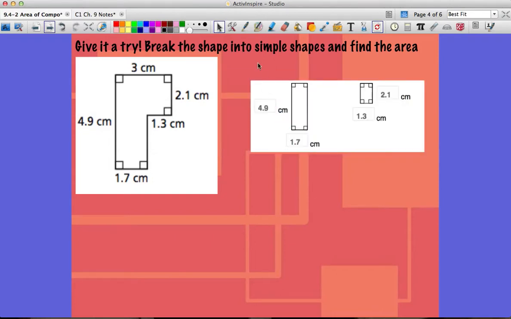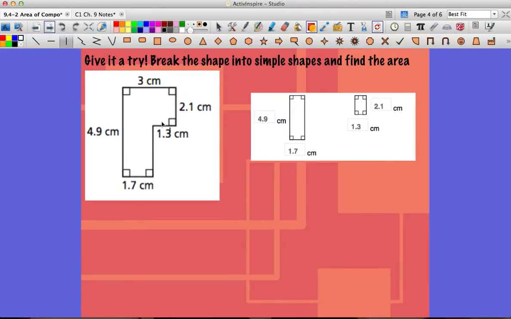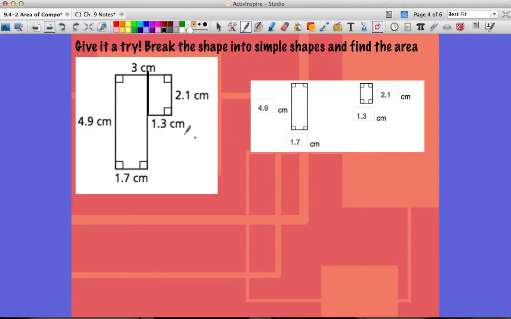Alright, in this case, we split the rectangles into two smaller rectangles. This allowed us to keep all of our dimensions. We were able to keep a height of 4 9/10 centimeters and a base of 1 7/10 centimeters. We didn't have to look for anything or do any math to find anything else.